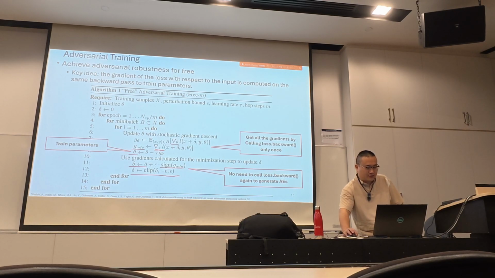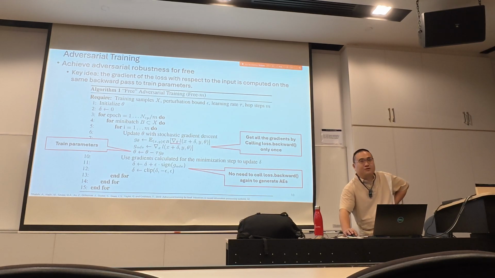Instead of calling an extra backward propagation, we just call the backward propagation once, because this backward propagation is needed anyway when we train the model parameters. But at the same time, we get the gradients with respect to the inputs. So we don't discard the gradient here.